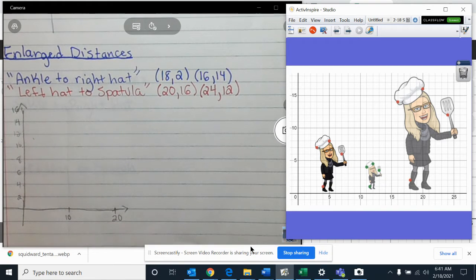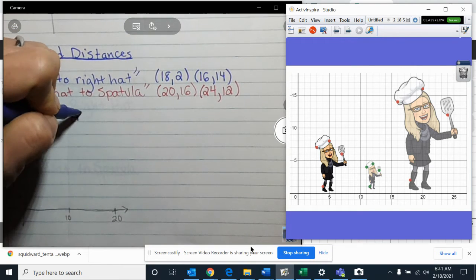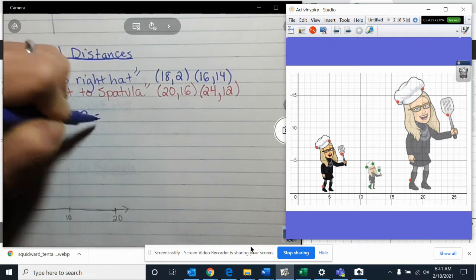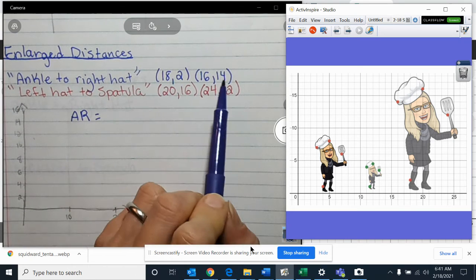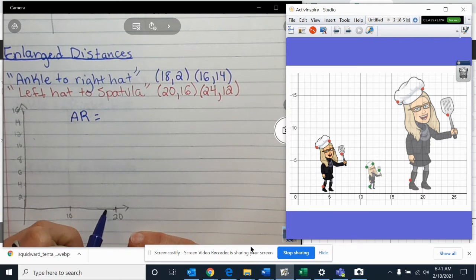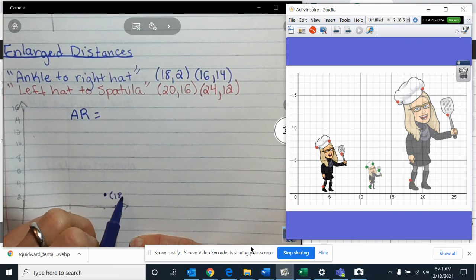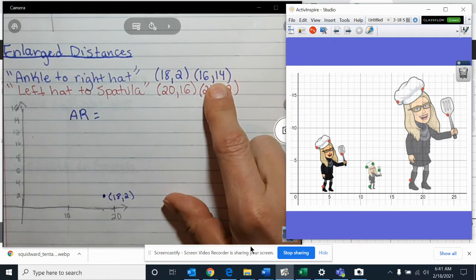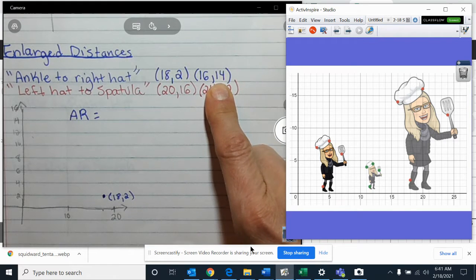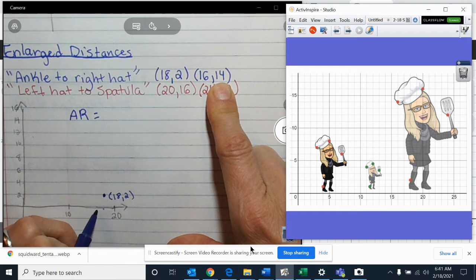And then I'm going to start with the ankle to the right hat. So we'll call that AR. The ankle to the right hat. So we need to go over 18, just before the 20, and then up 2. So that's 18 and 2. But then the right hat is at 16 and 14. So here would be about halfway.